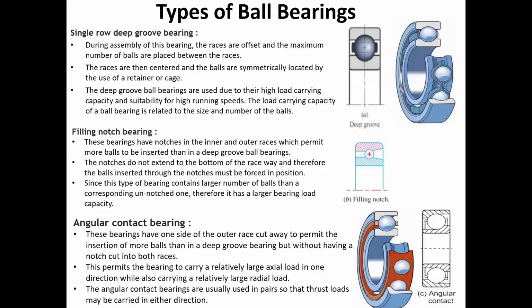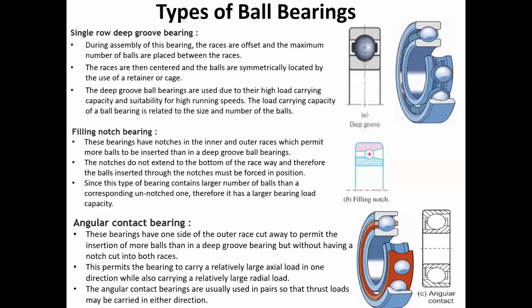Okay. Another type of bearing is the angular contact bearing. These bearings are generally used for carrying radial and thrust load both. Such a bearing can sustain radial and axial load both. Why can they do so?